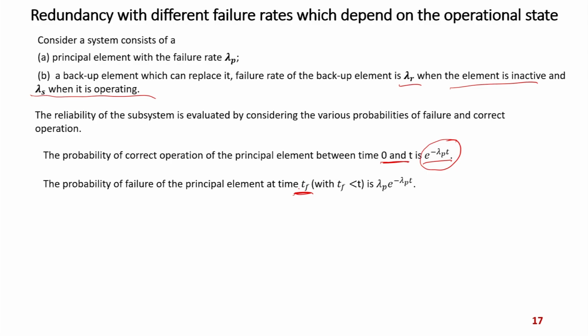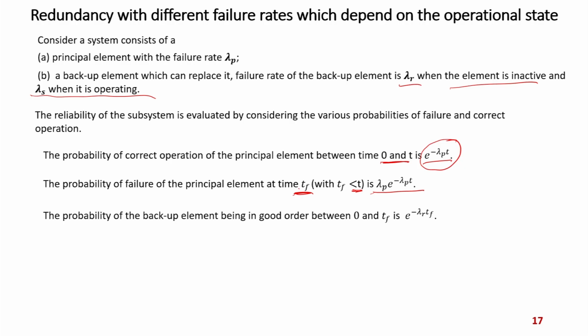So, this system has worked from 0 to t f, where t f is less than t, and t is our mission time. So, that is given by lambda p e to the power minus lambda p t. Now, the probability that the backup element is in good order between 0 and t f, that means when it was inactive, will be given by this expression.